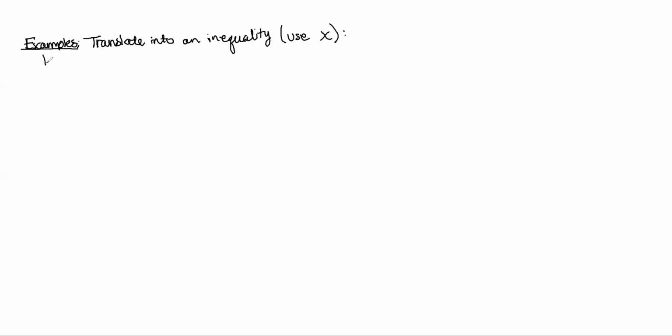So number 1, the cost is less than $10. So these ones is just a single inequality, and we don't know what the cost is, so that's our x, but we know it is less than $10. So x is less than 10, and that's all we're doing here.